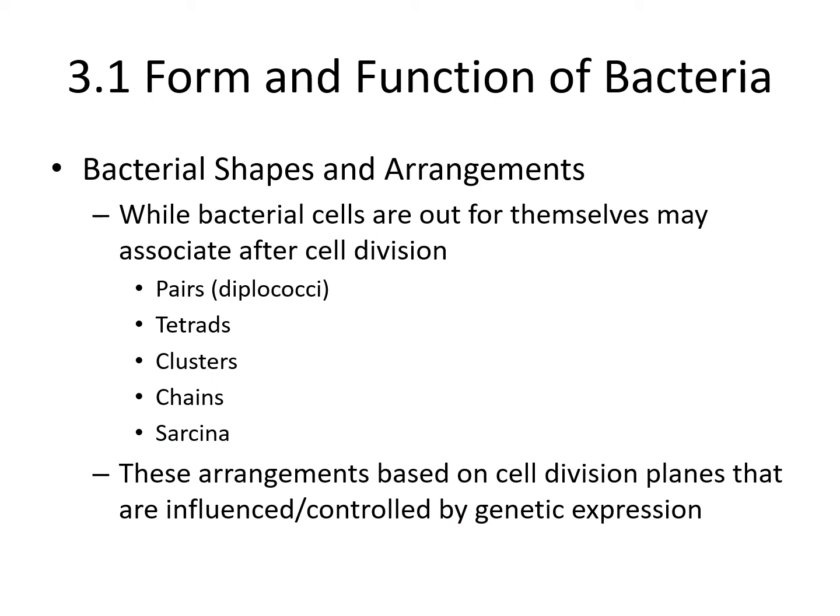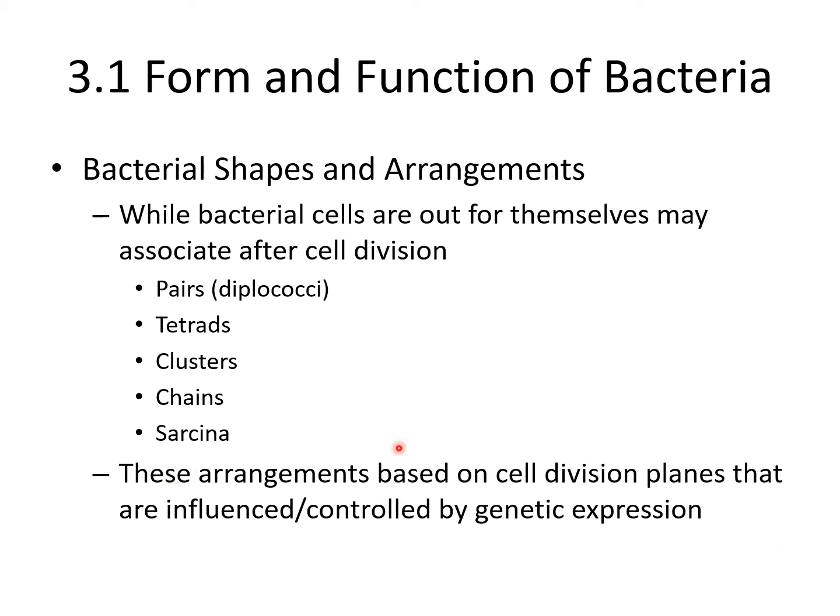Now, regardless of shape, bacteria can either be individual cells or they can appear in pairs called diplococci. They can also be as tetrads or come in clusters or chains or forming a cube.